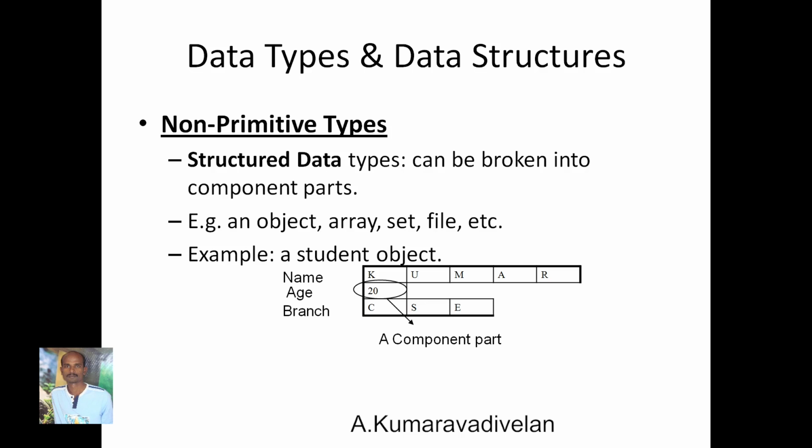That student object can have three fields: name, age, and branch. Here, name is a set of characters, and branch is also a set of characters, CSE. But age is an integer number. Here, 20 is mentioned as the value of that age.